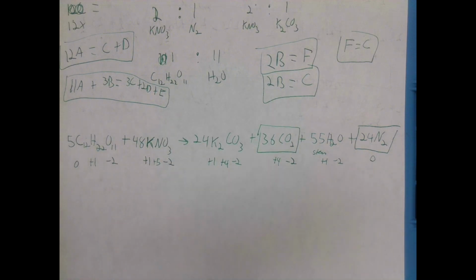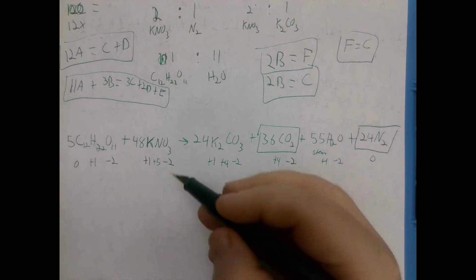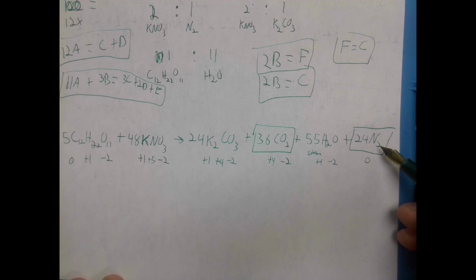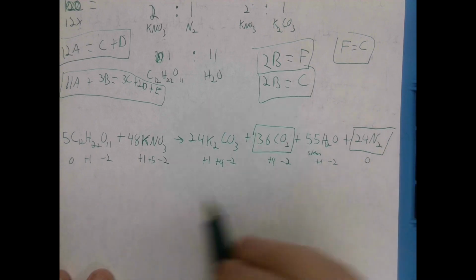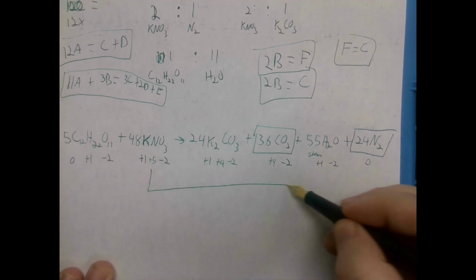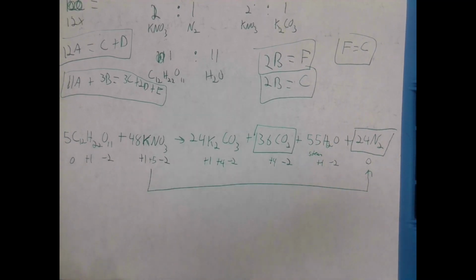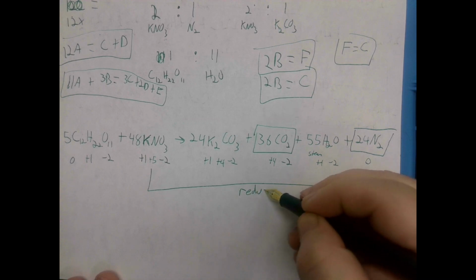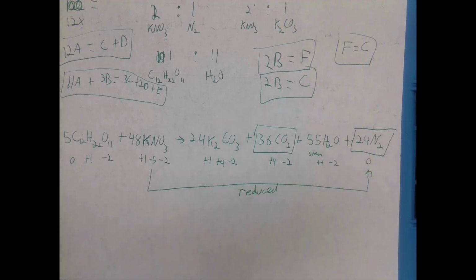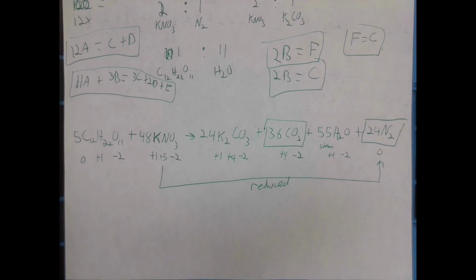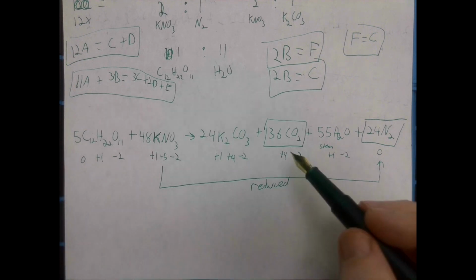When seeing an equation like this, it's almost always easiest to look at the gas, the diatomic molecule. If there's any diatomic molecule at 0, we know it had to have changed. So this one has been reduced from +5 to 0. What is oxidizing it? Potassium hasn't changed. Carbon is going from 0 to +4.